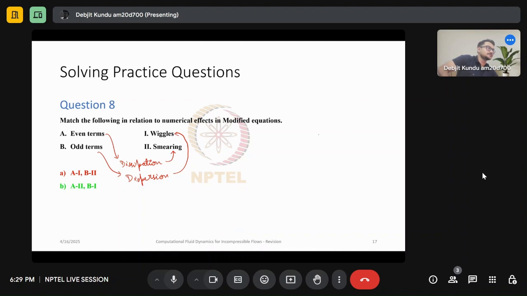So let's say if your correct solution was this, dissipation would give you something like this.